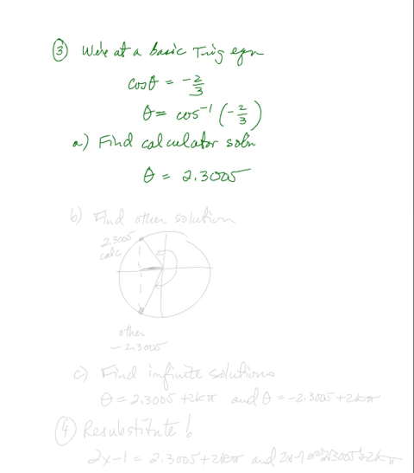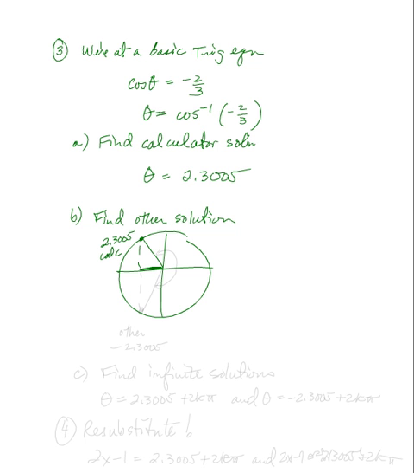When you go to find your other solution, remember you're looking for where the calculator gave you that first angle where the x coordinate is negative 2/3, so that's maybe over here. That's 2.3005, your calculator solution.